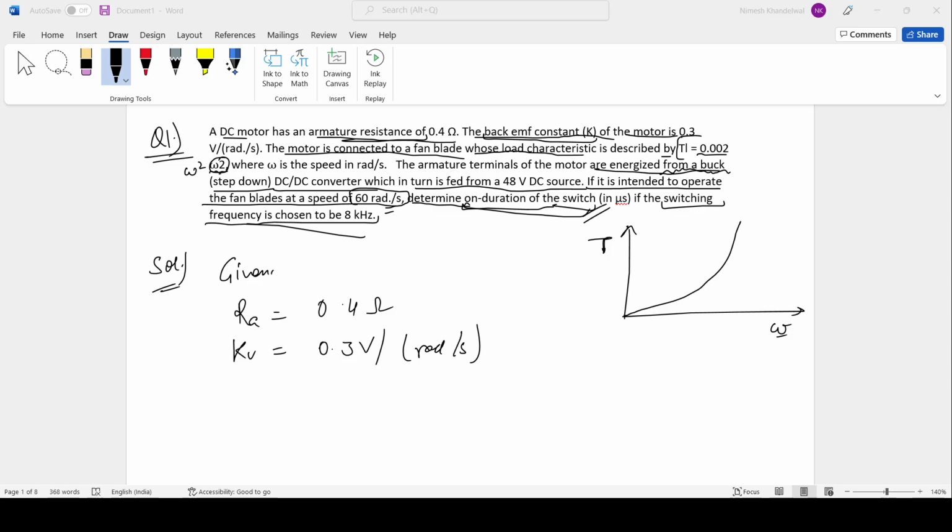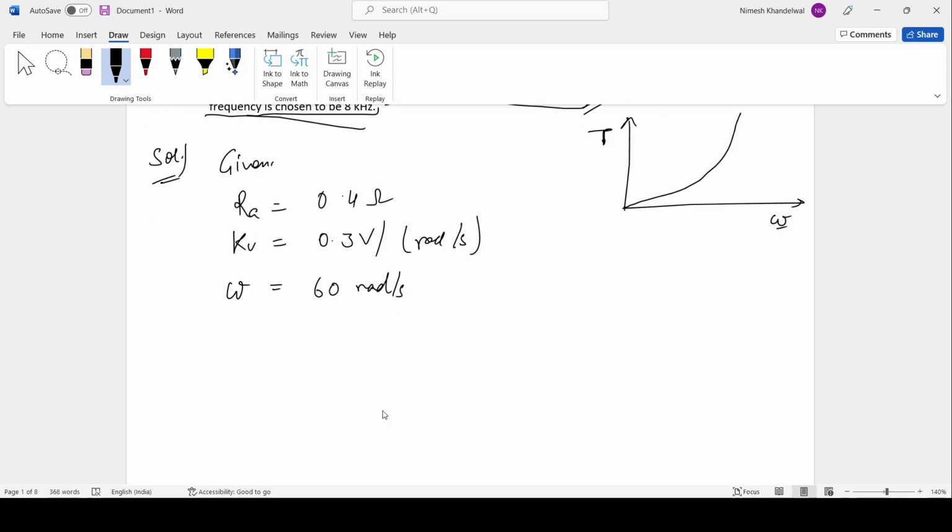Then we have been given operating speed, that is 60. It is already given to us in radians per second, so we don't need to convert it anyhow.